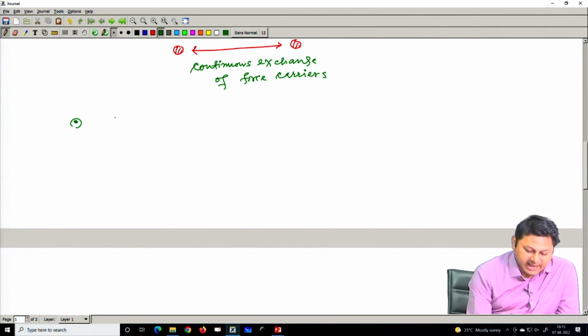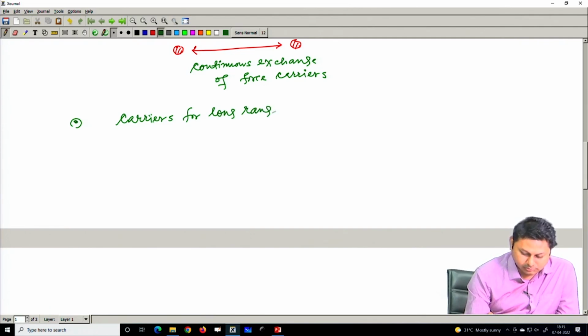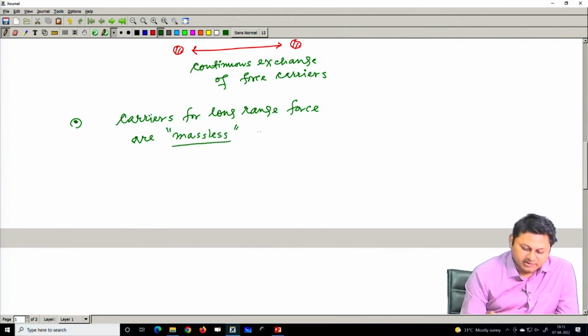So, these carriers, whatever carriers I mentioned for long range force, are massless. And eventually these massless bosons are nothing but photons.